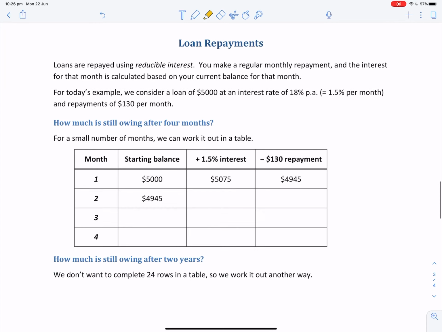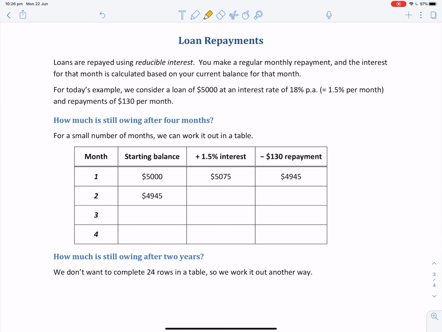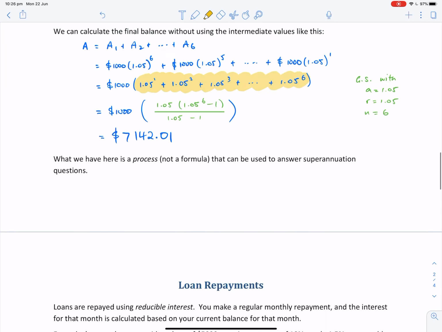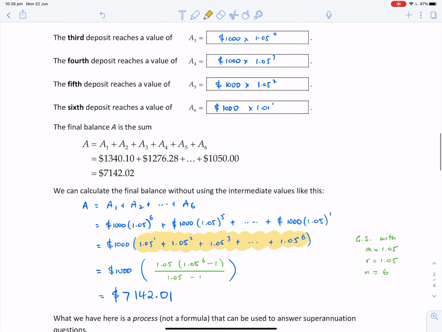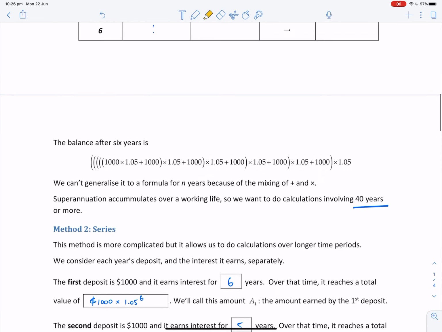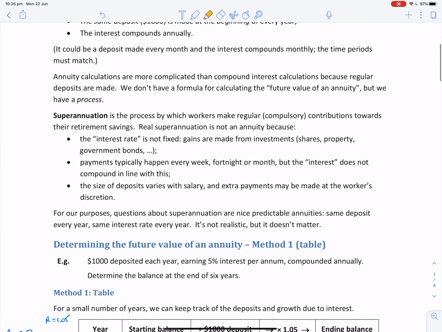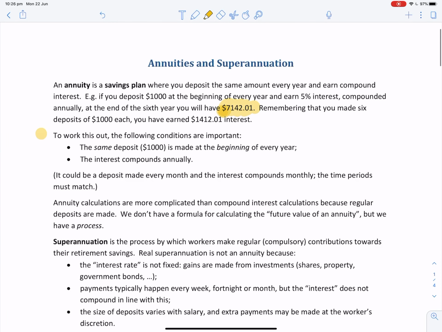Right, moving on to loan repayments. I'll just say before moving on, I think it's pretty common. So I've set out the conditions here, which I think are realistic conditions. Right, you make your deposit at the beginning of every year, and you earn interest on it, or the beginning of every month, or whatever.